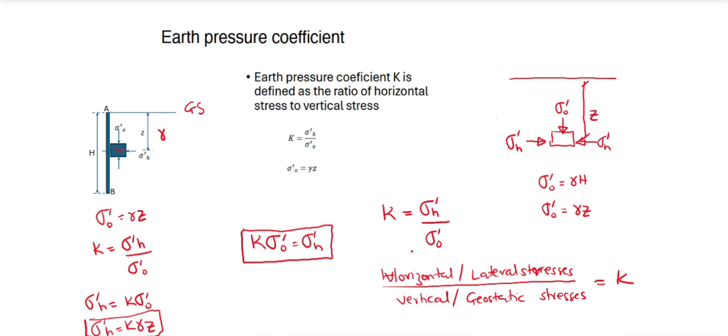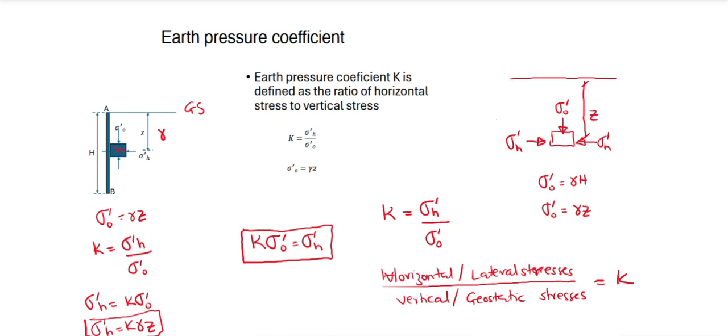Now, we have three major types of the earth pressure coefficient, which we'll discuss in the next video. The three major types of earth pressure coefficient depend on the movement of the retaining wall. So if the retaining wall is not going to move, we are going to have a certain earth pressure coefficient.